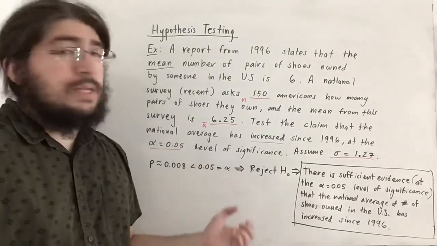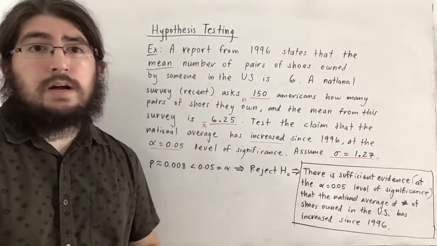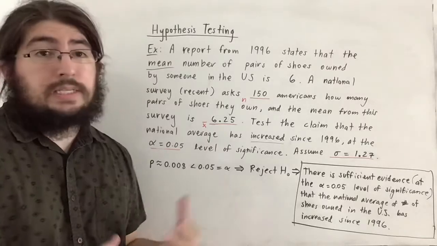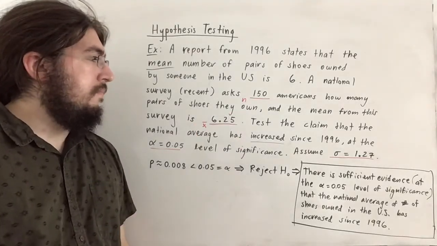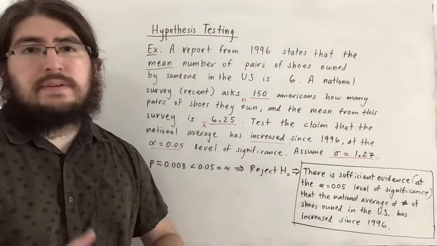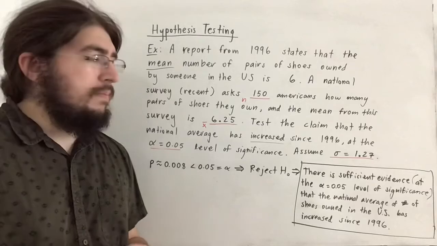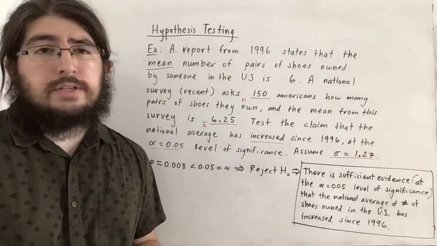In fact, it may be true that it's not the case, but maybe our sample's wrong, or maybe the sample doesn't tell us exactly what's going on, depending on how random the sample is, or maybe it's not large enough. There are certain things that may lead to that. And these scenarios are known as errors, of course.